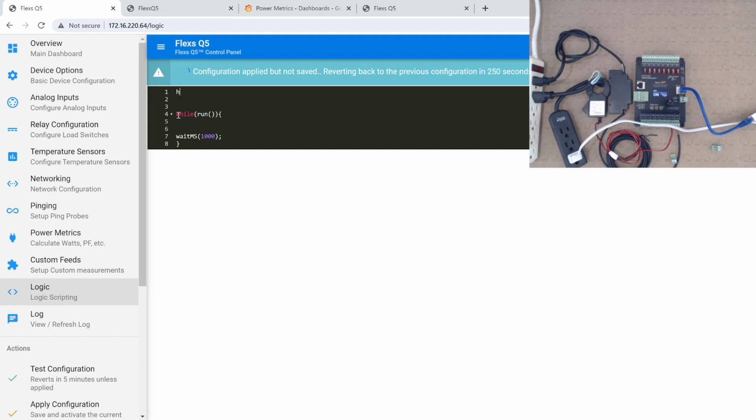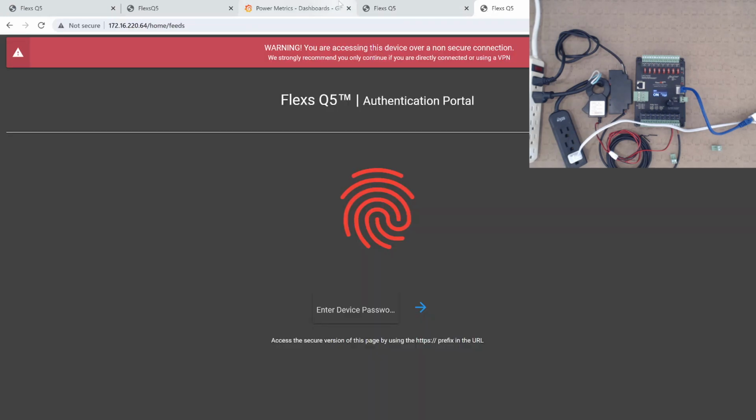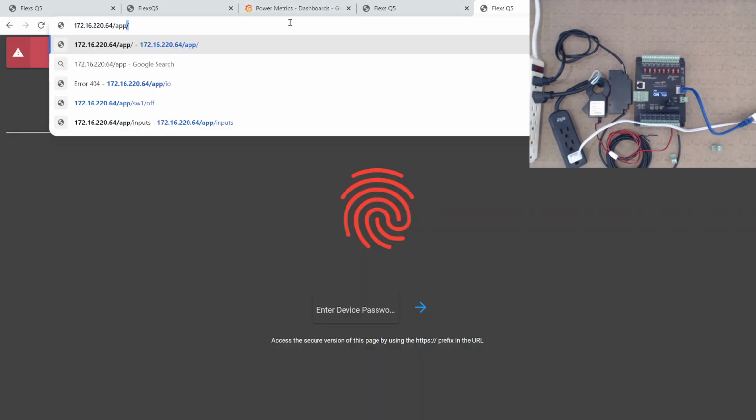We could say http.handle and make a request handler. So if we run this and we go to, whoops, put in the correct address.